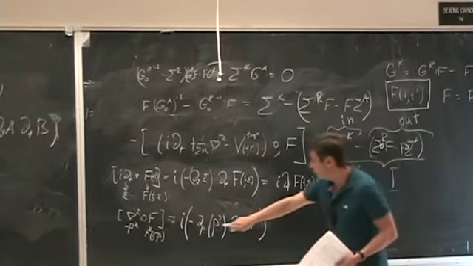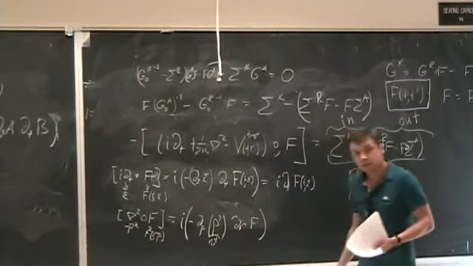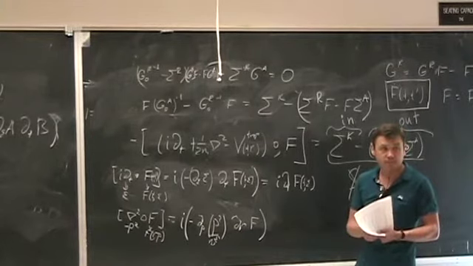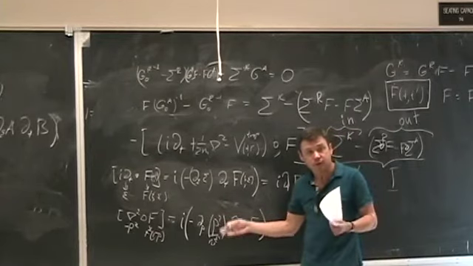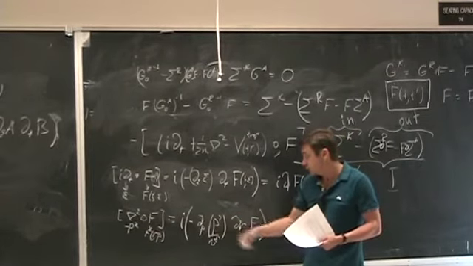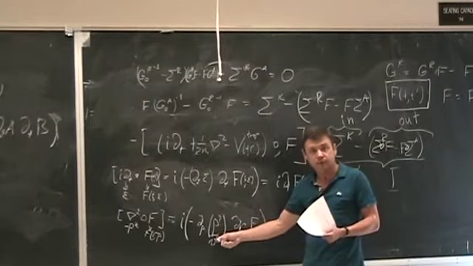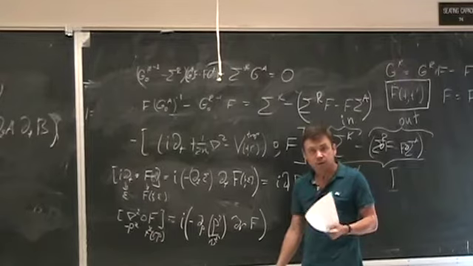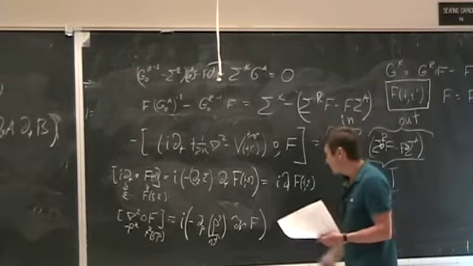Now notice that p squared over 2m is nothing else but my dispersion relation. It can be anything. I just took p squared as an example, it can be any dispersion relation. And what I'm doing, I'm saying dp of epsilon of p. What is it? Right, it's the group velocity.